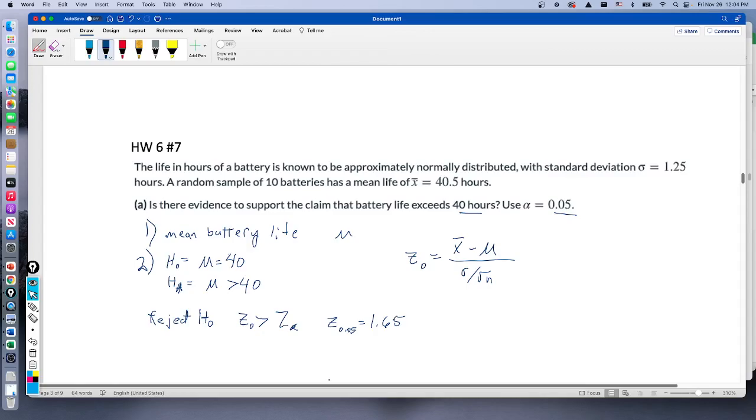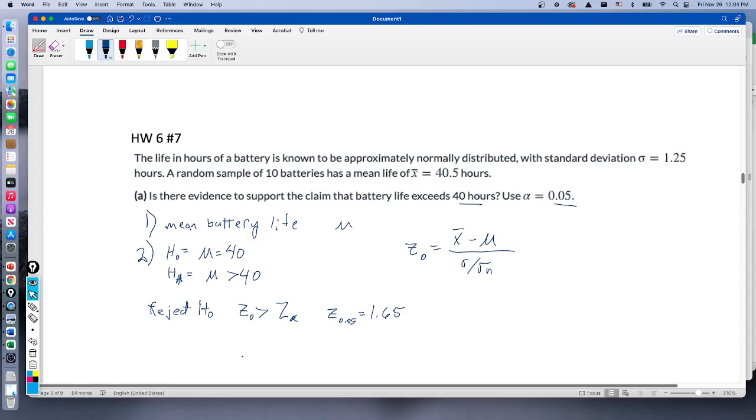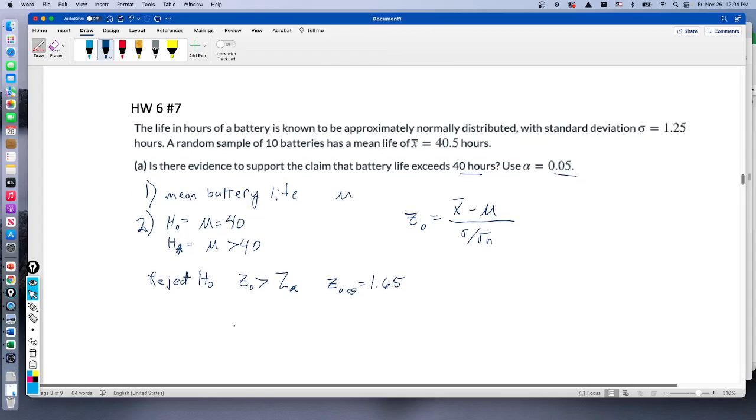Okay. So let's go ahead and do the calculation. Z naught is going to be equal to, scroll up a little bit, the average is 40.5 minus the assumed population average, 40, divided by the standard deviation that they gave us, which was 1.25.